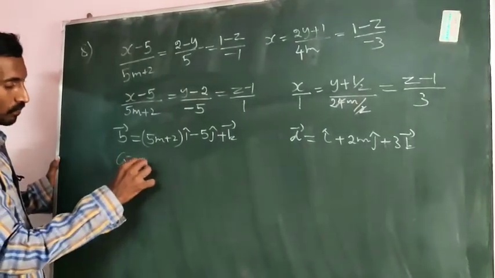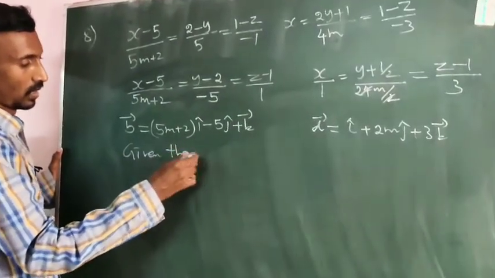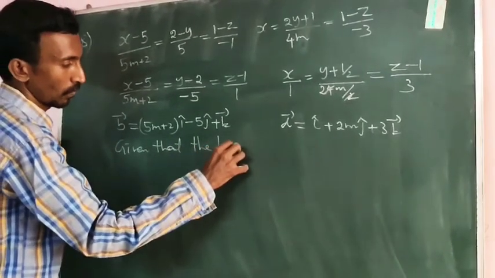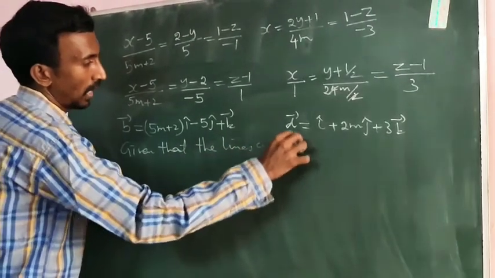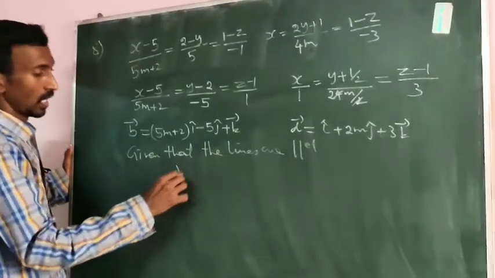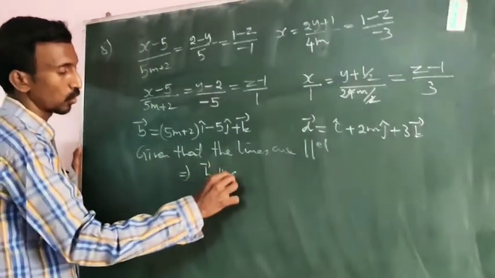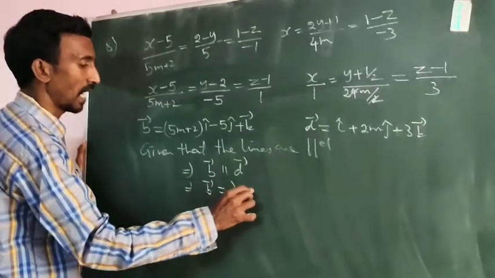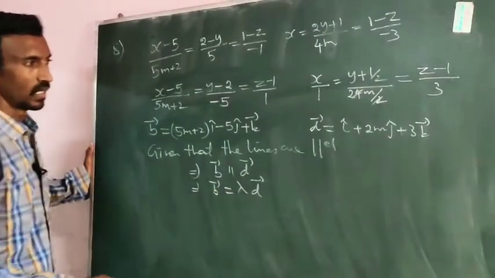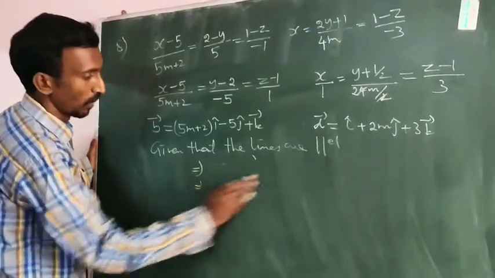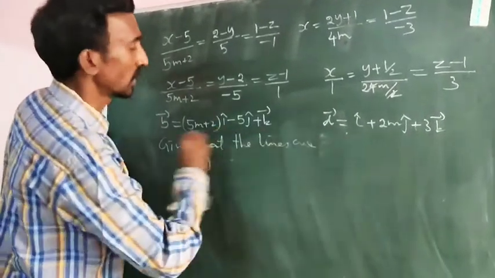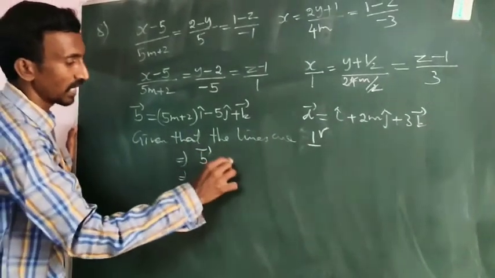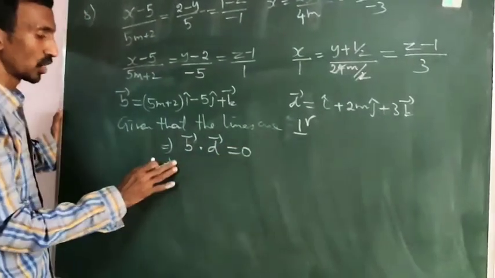Parallel would mean b vector is a scalar multiple of d vector, but the question is not parallel, it is perpendicular, which implies b vector dot d vector equal to 0.